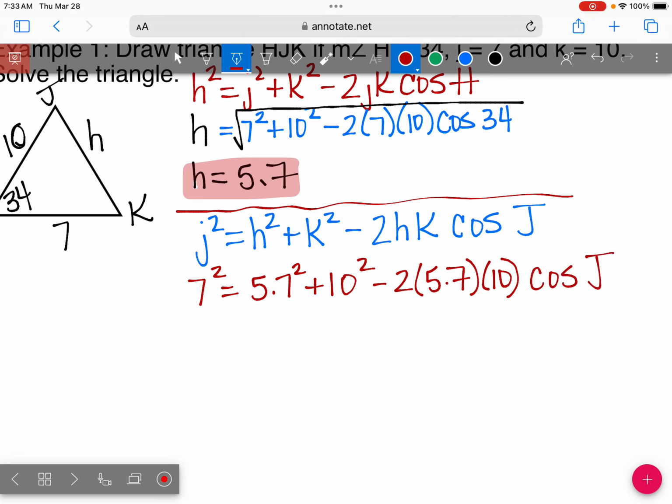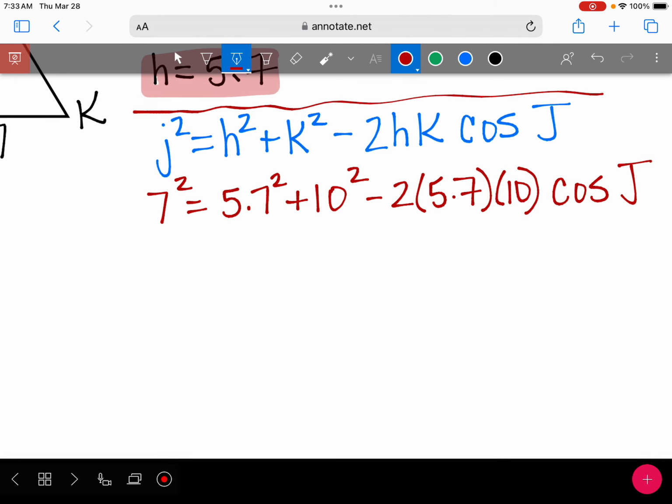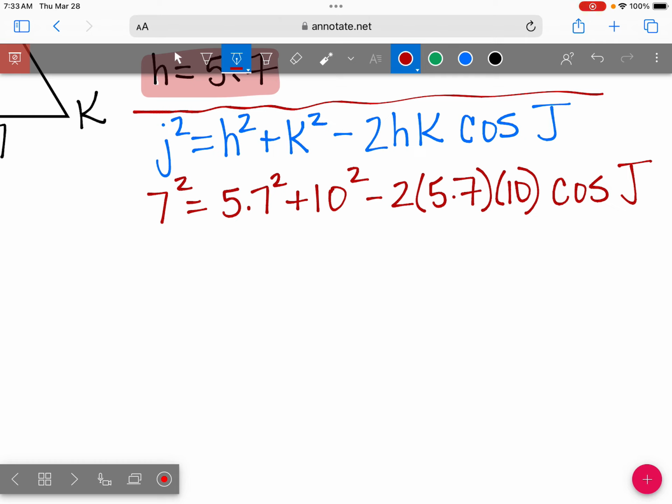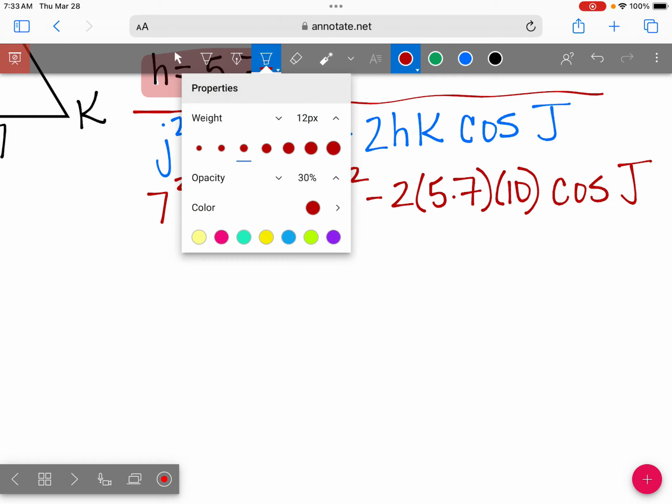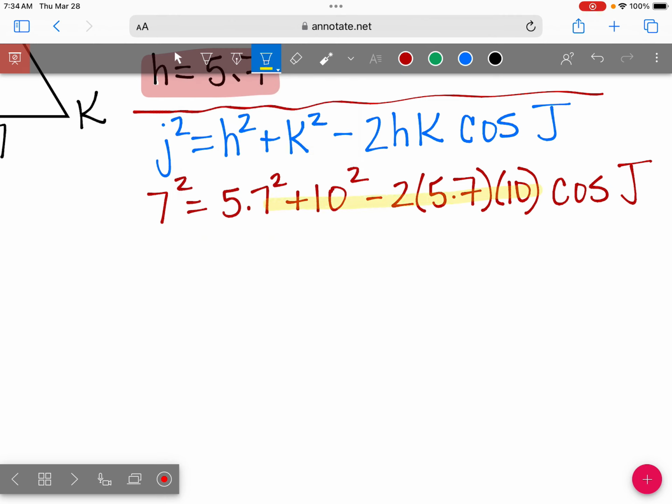All right, so this one again, it's a little bit different because you can't put this in our calculator. What you don't want to do, and this is the mistake that students have made, is try to put this whole thing in their calculator in one step and shrink that right side down. You can't do that, because it doesn't follow order of operations.